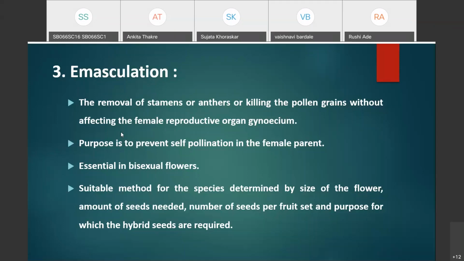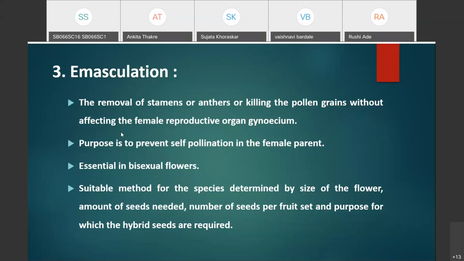That's why we are saying the suitable method for the species is determined by the size of the flower, then the amount of seeds needed. If the plant breeder needs a large number of seeds, then it is completely impractical to use the hand emasculation method. In that case, the plant breeder uses other methods.